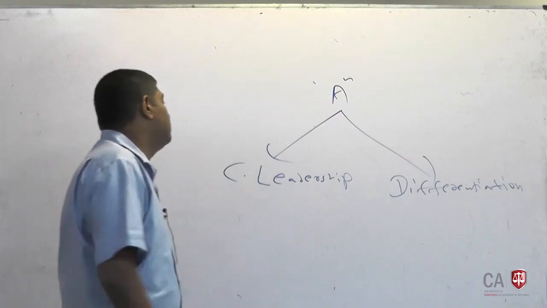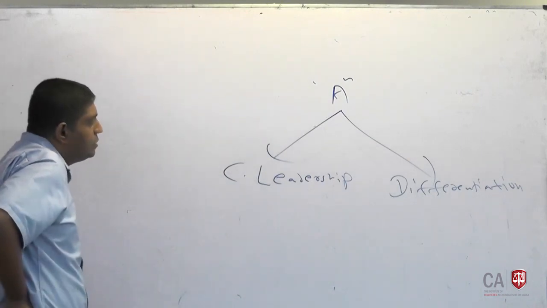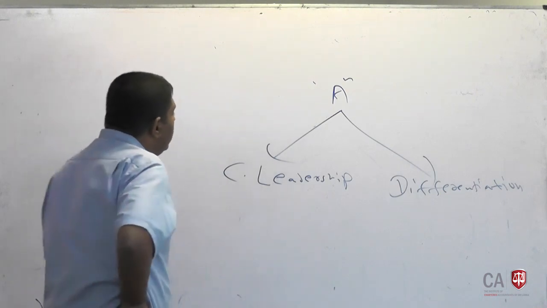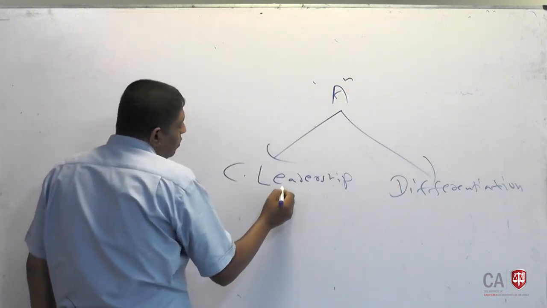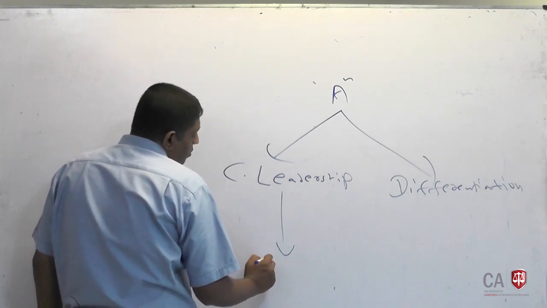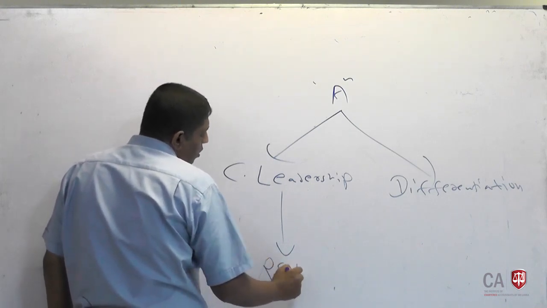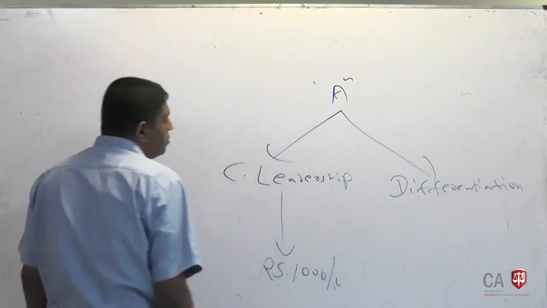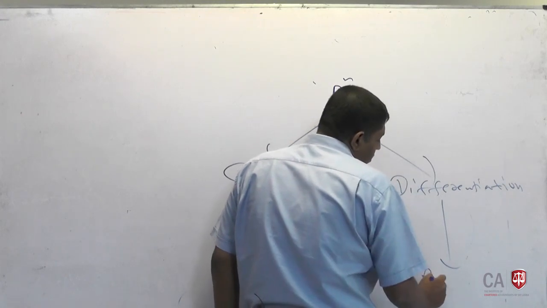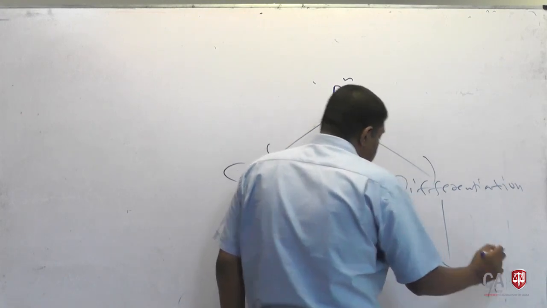If you apply cost leadership strategy, suppose you can earn 1000 rupees, we say profit. By applying differentiation strategy, you can earn 1200 rupees.